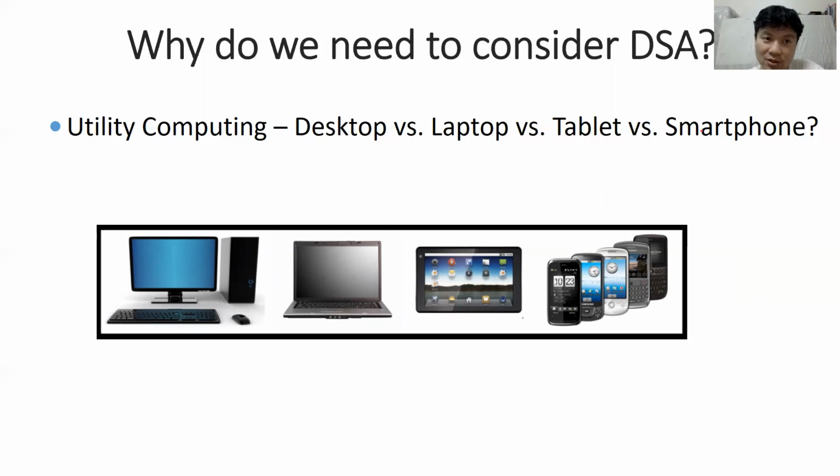So utility computing is important if you know how to utilize the devices. It means you know what data structure you need to build. If you know the very basic data structures, then you can develop your own data structure so that a highly computational algorithm can run on a very small device like a smartphone.